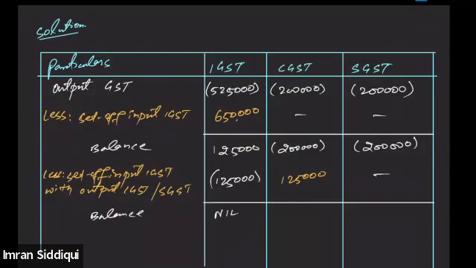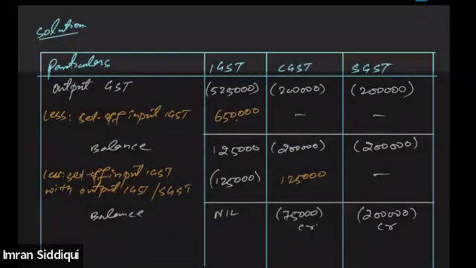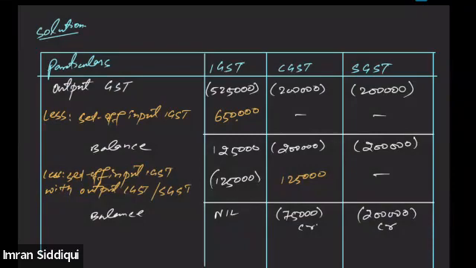But under the CGST, we will have a credit balance of 75,000 and a 2 lakh credit balance under the SGST. The credit balance always indicates that we will be receiving this amount from the government. All right.